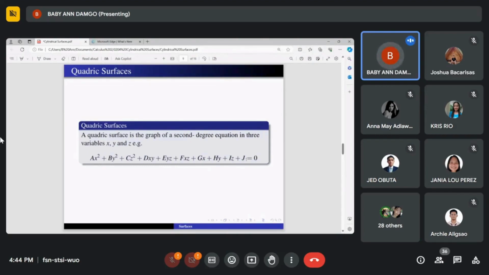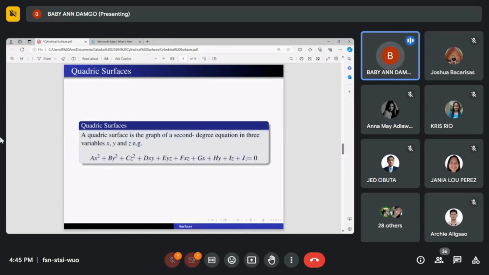But if naa ka sa two variables, ang result ani is the conic section. Atong parabola, hyperbola, ellipse, or circle. Okay? So, from that, magkuha tag trace sa two variables and then we will create the actual graph of the quadric surfaces.